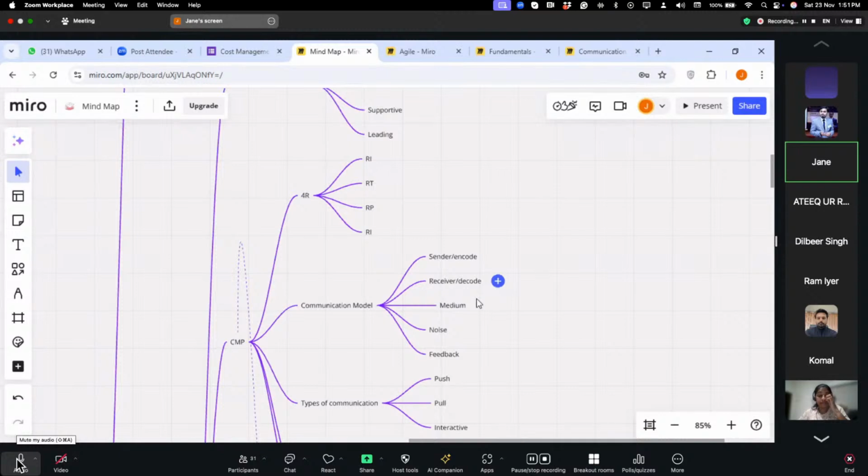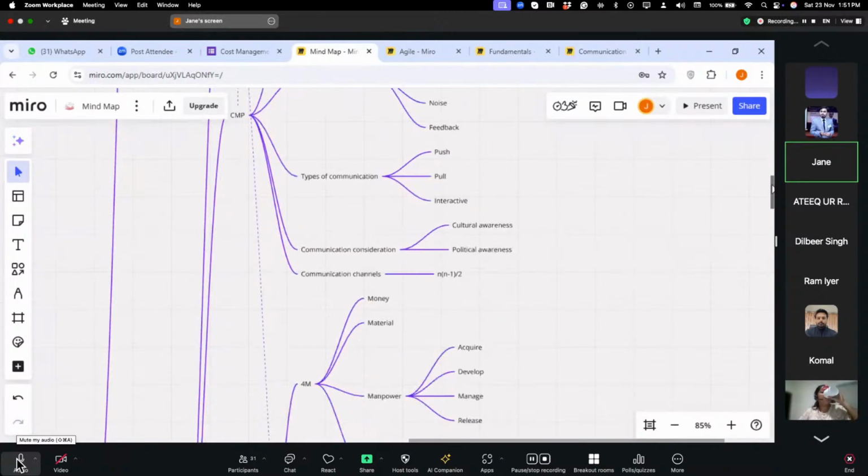And then from the receiver, it goes again to the sender. So that's the feedback. And during this communication, there will be noise, that is, anything that damages the communication. That's the communication model. And then we have types of communication: push, pull, and interactive.